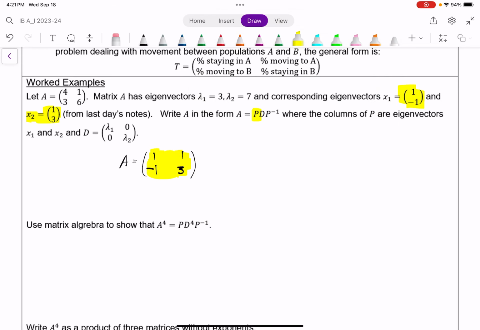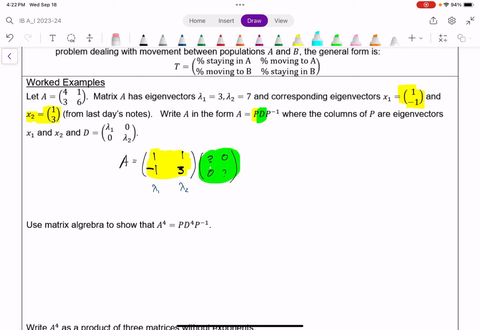Now that I have it in that order, keep in mind this was for eigenvalue 1, this is for eigenvalue 2. So now for my matrix D, that's a diagonal matrix, so a nice clean 0, 0 there, but something over here and here. Those values have to now match up.